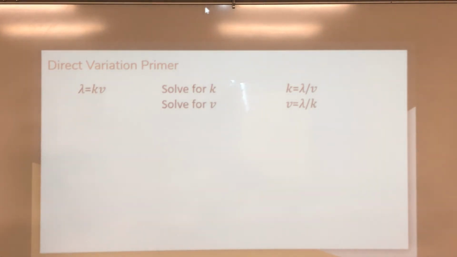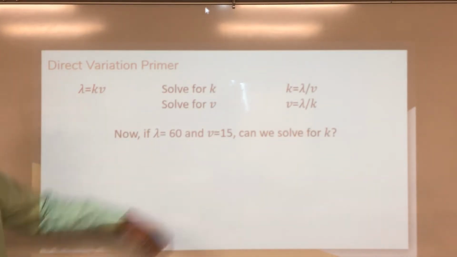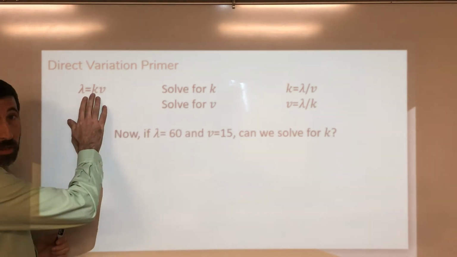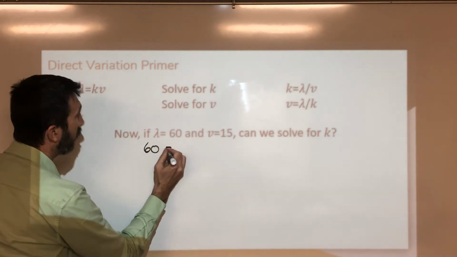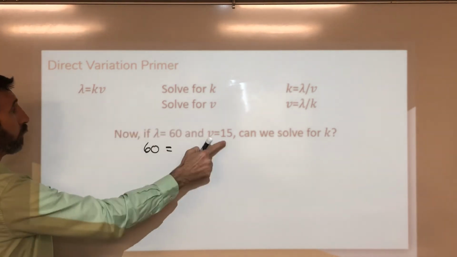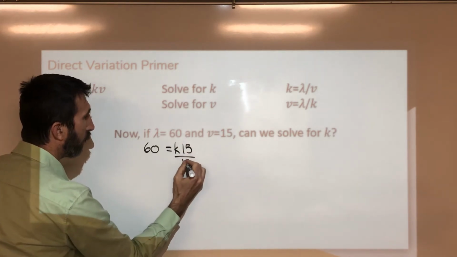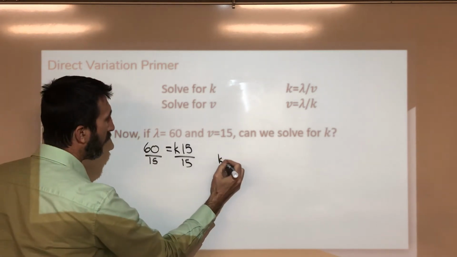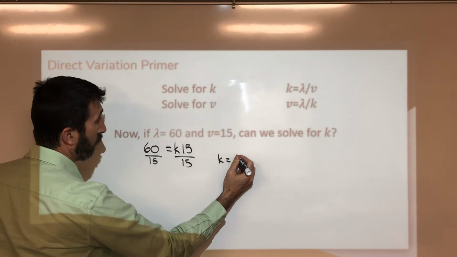Now, if we add some numbers in here, so let's say lambda equals 60 and v equals 15. Can we solve for k? If you want, you can start over here again, right? We could say, well, lambda equals 60, v equals 15, and we're looking for k. So we just divide by 15, we divide by 15, and we get k equals 4.